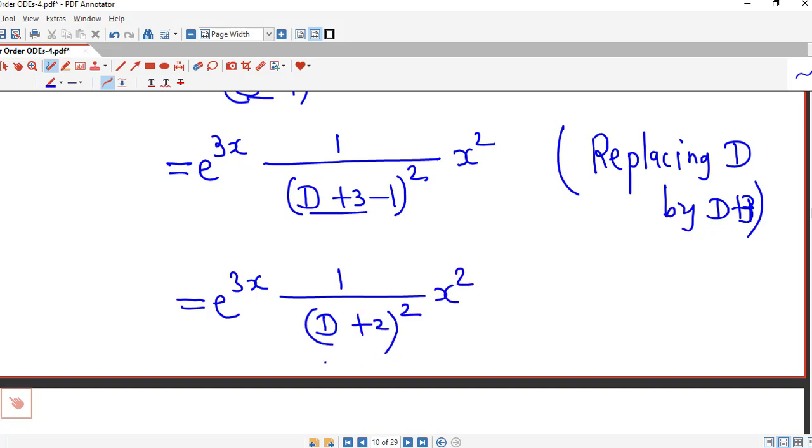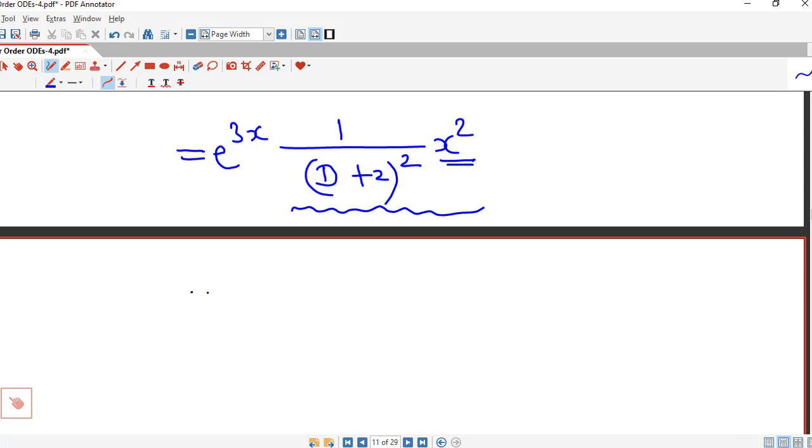Now we have to find this one. Here the right hand side function is a polynomial function, and we have d plus 2 whole square. As we discussed in the previous lecture, whenever we have a polynomial function, we have to express f of d in terms of 1 plus something. So for that we can rewrite d plus 2 as 2 times 1 plus d by 2.